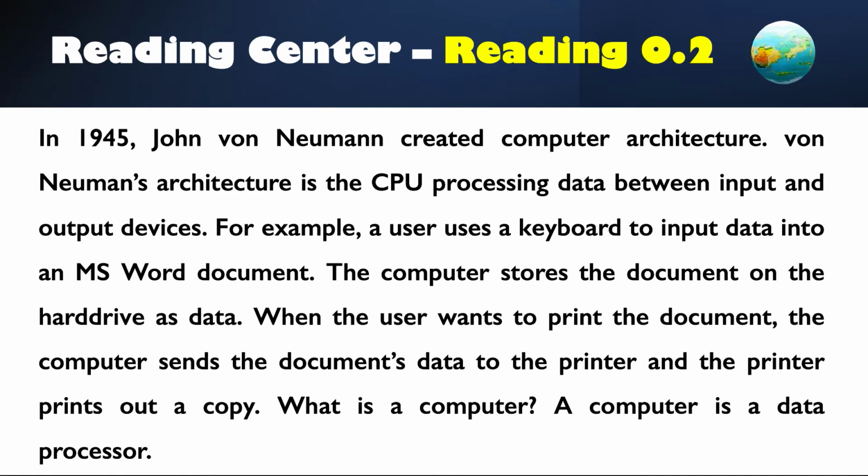When the user wants to print the document, the computer sends the document's data to the printer and the printer prints out a copy. What is a computer? A computer is a data processor.